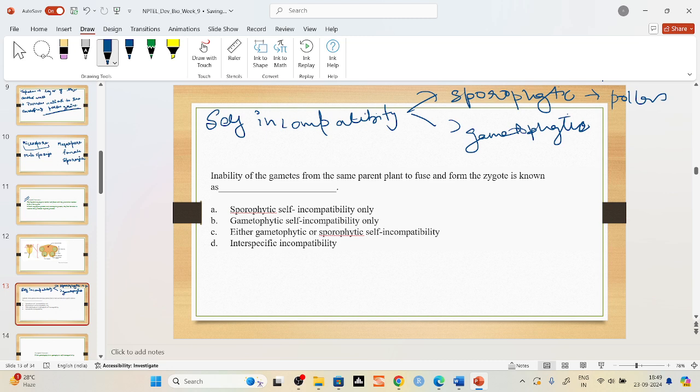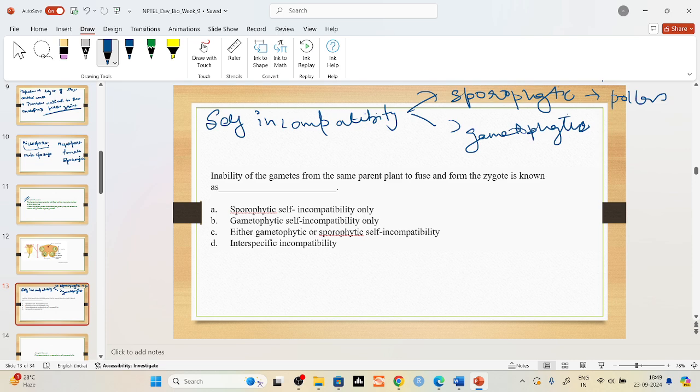And this gametophytic self incompatibility is determined by the haploid genotype of the pollen itself. So this sporophytic self incompatibility is determined by the diploid genotype of the sporophyte.